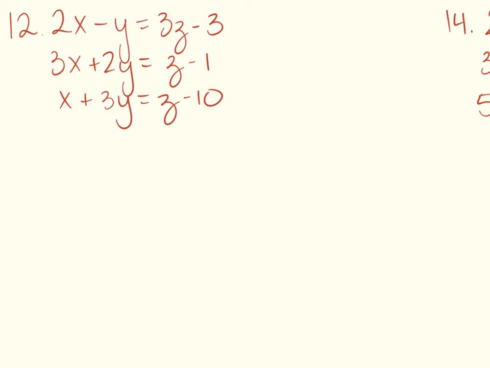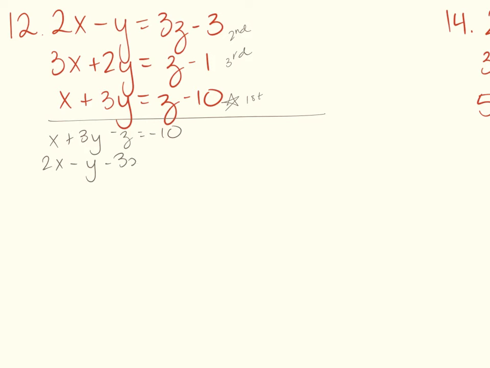So the first thing I'm going to do is reorganize this, which you can do. I'm going to put this last equation here first. I'm going to move this first one down and the last one down. So then my new order is going to be x plus 3y, and I'm going to move z over while I'm at it, minus z is equal to negative 10, 2x minus y minus 3z is equal to negative 3, and 3x plus 2y minus z is equal to negative 1.